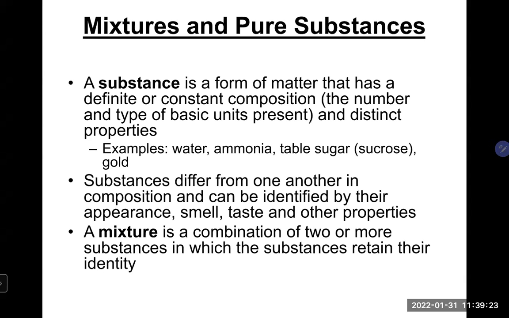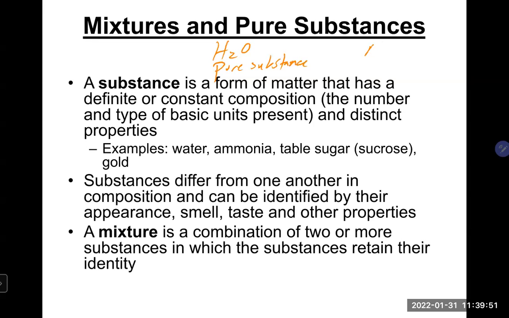All right, so let's talk a little bit about mixtures and pure substances. A substance is a form of matter that has a definite constant composition. Examples: water, ammonia, sugar. A pure substance is just one thing by itself. So, for example, if I had water, that is a pure substance.